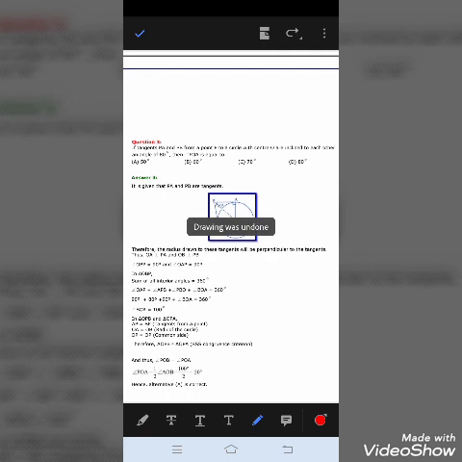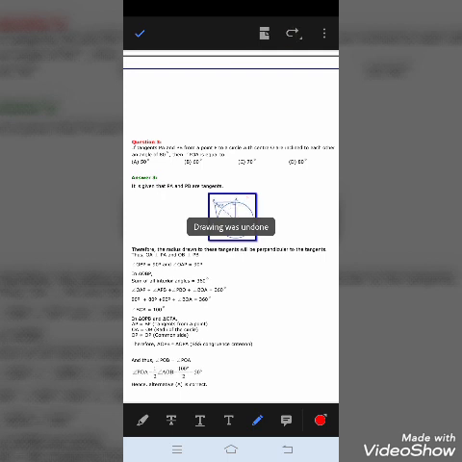Then angle POA, they are asking, is equal to how many degrees? As we have already done the last sum, we can understand with the help of this sign that OA is perpendicular to PA. It's just a rough idea which we can assume.